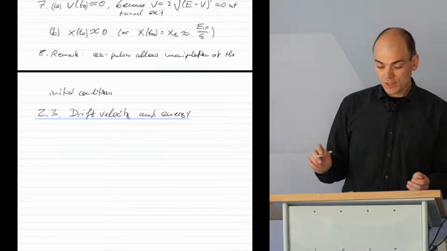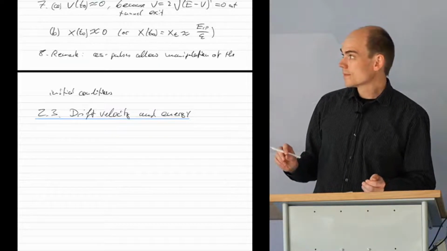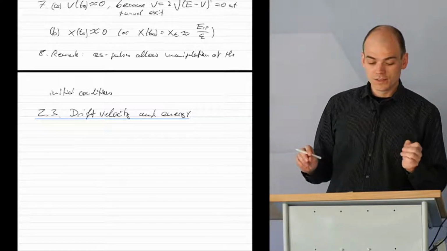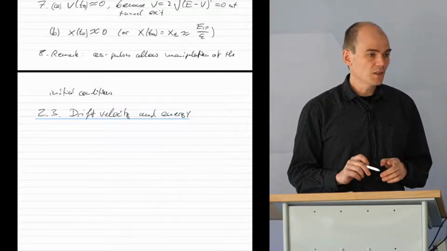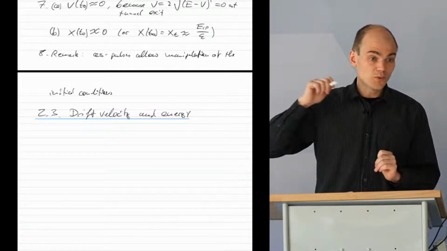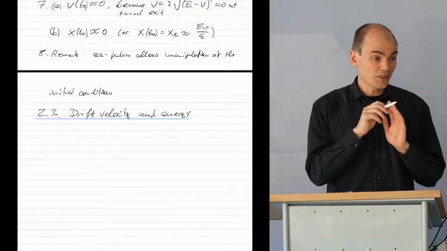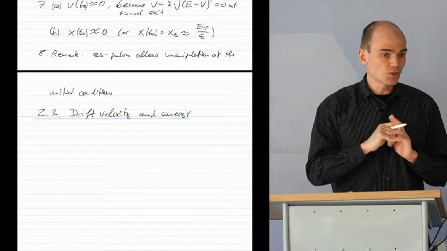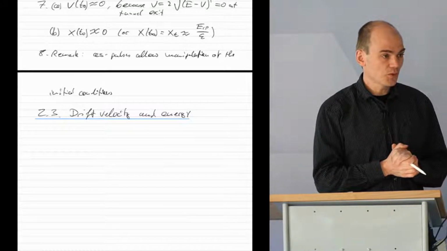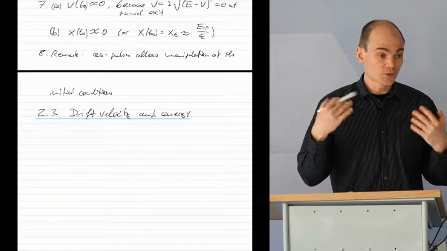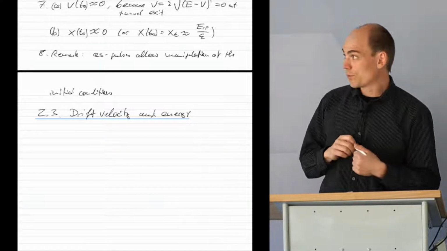We have seen so far that the electron performs an oscillatory motion, but there can also be a motion away from the nucleus. And this motion away from the nucleus, this drift, this is what we will focus on now.